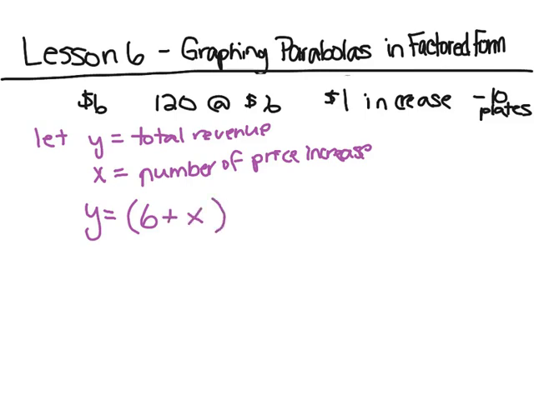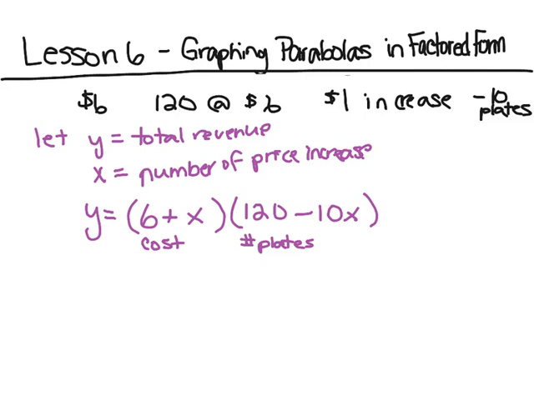So this is going to be the cost. And the number of plates, well, we start with 120, but every time we have an increase of price, we lose 10 people, not persons. So minus 10 people per increase. So this is our function.